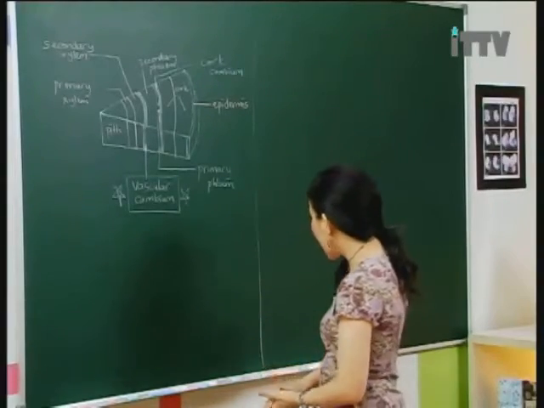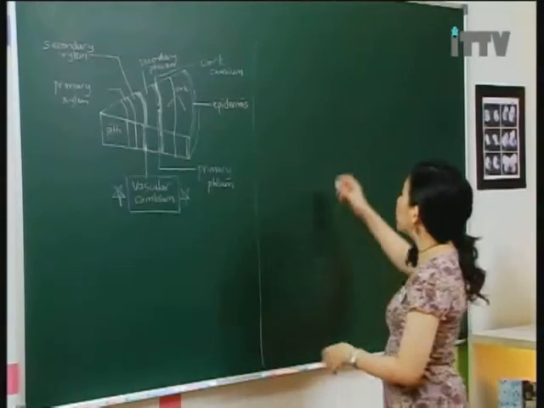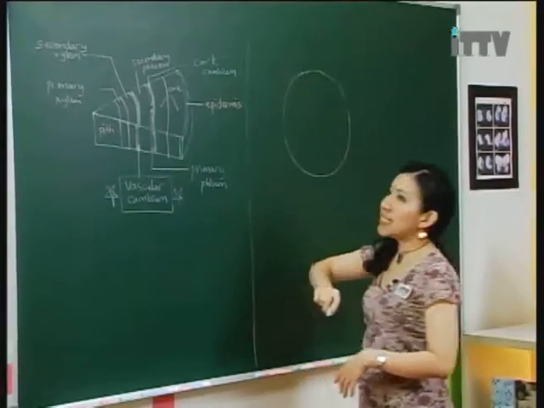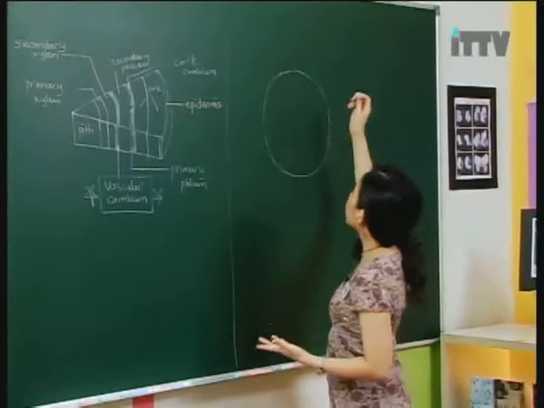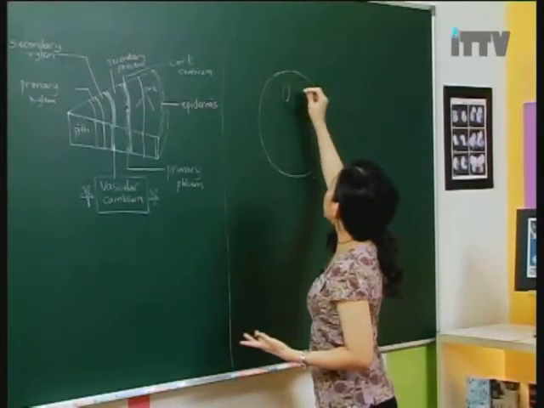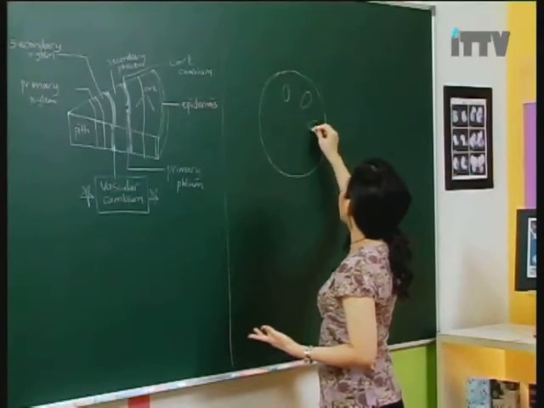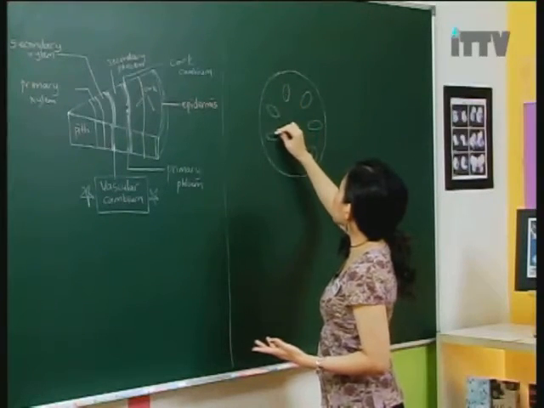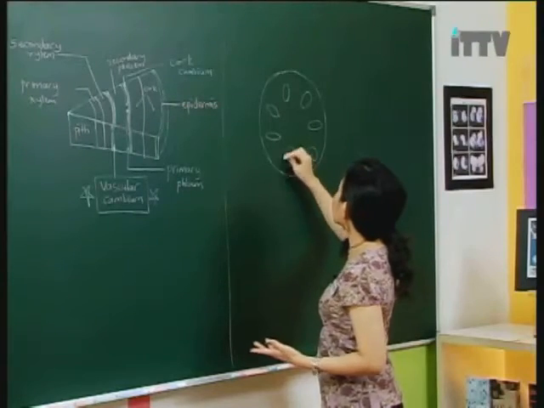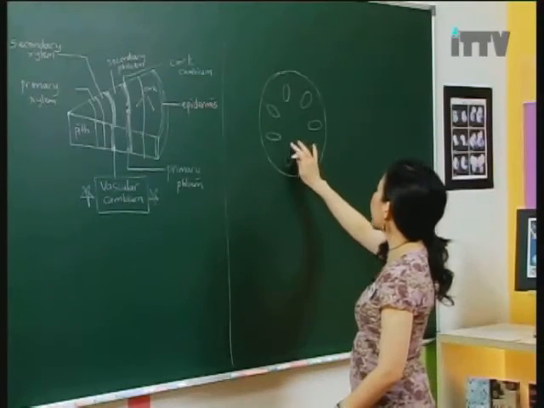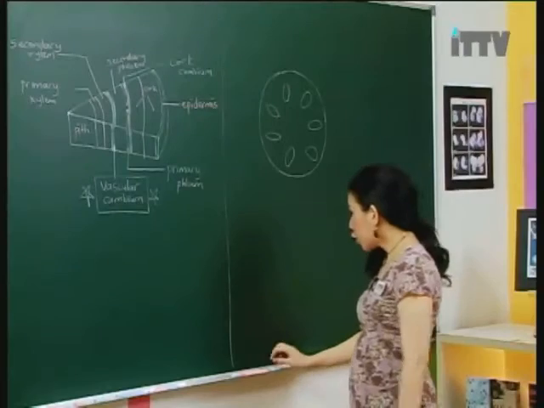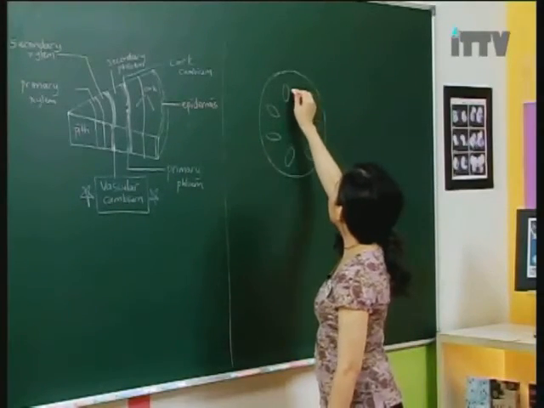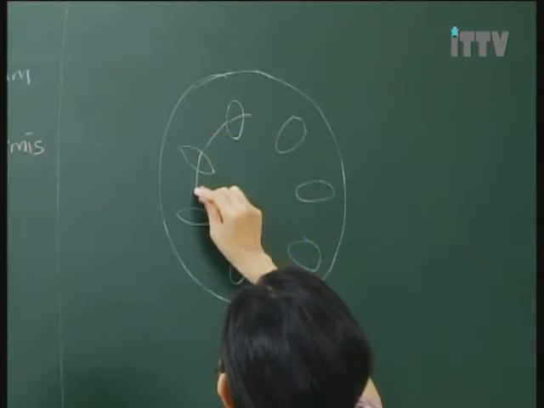In other words, let's say this is part of the stem, a cross section of the stem. Generally you have your xylem and phloem bundles. Yeah, they really look like cucumbers, right? The xylem and phloem are here. So what happens is that perhaps you have your vascular cambium.